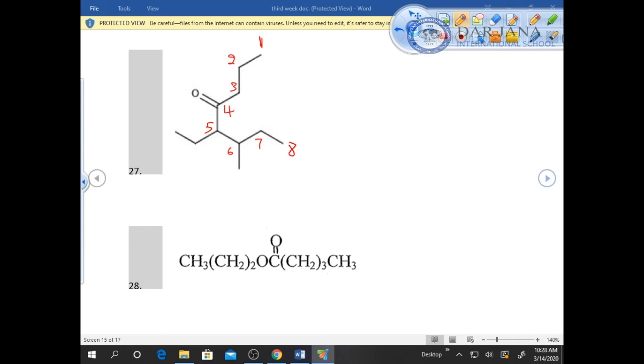So on carbon number 5 there is an ethyl group, and on carbon number 6 there is a methyl group. So the name is, this is a ketone molecule, so the name is 5-ethyl 6-methyl 4-octanol.